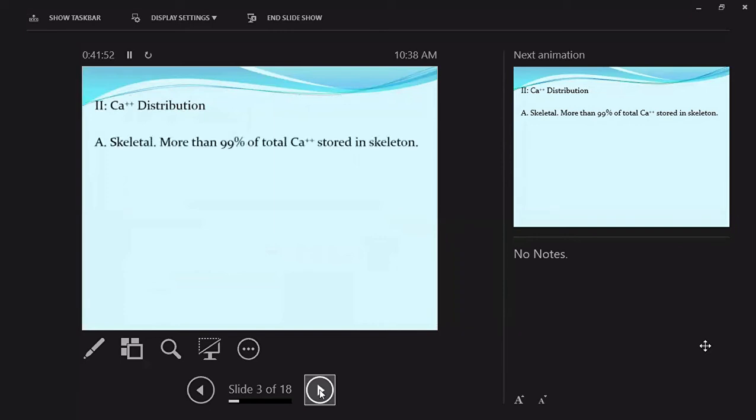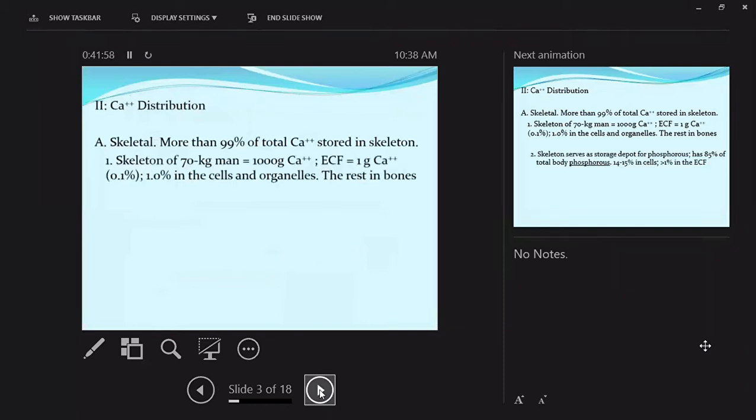Calcium distribution. More than 99% of the total calcium is stored in the skeleton, in the bones. A skeleton of a 70-kilogram man has 1,000 grams of calcium.